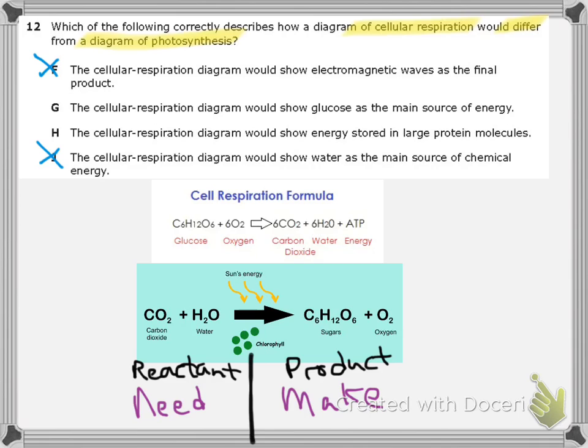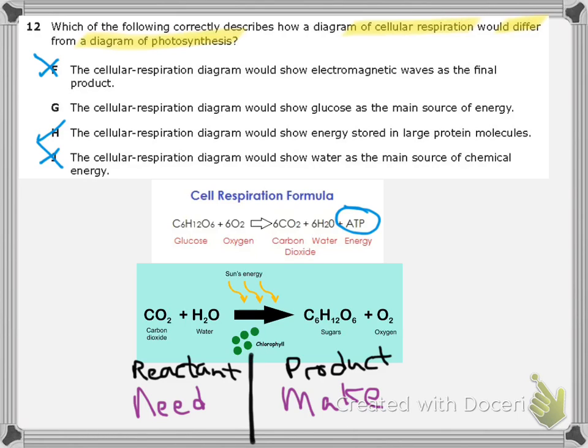Energy is stored in, if you see the energy right above it, ATP. Energy stored in ATP. Adenosine triphosphate. Tri stands for 3, like a tricycle, 3-phosphate. So it's essentially ATP is like a charged battery, right? The P does not stand for protein. It actually stands for phosphate, right? So yeah, that's not a protein, which means H is not right.